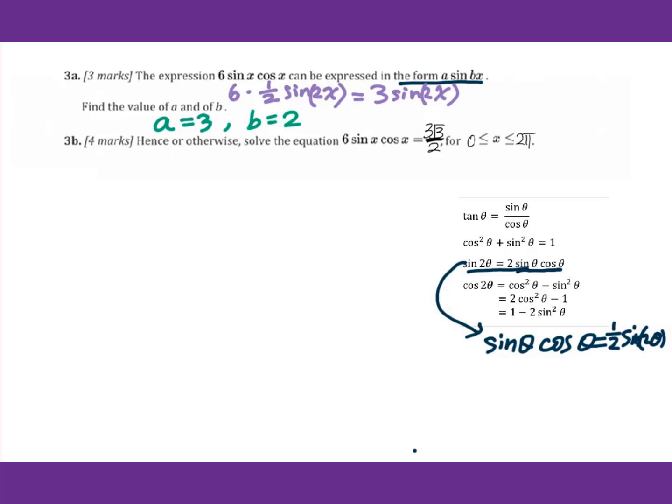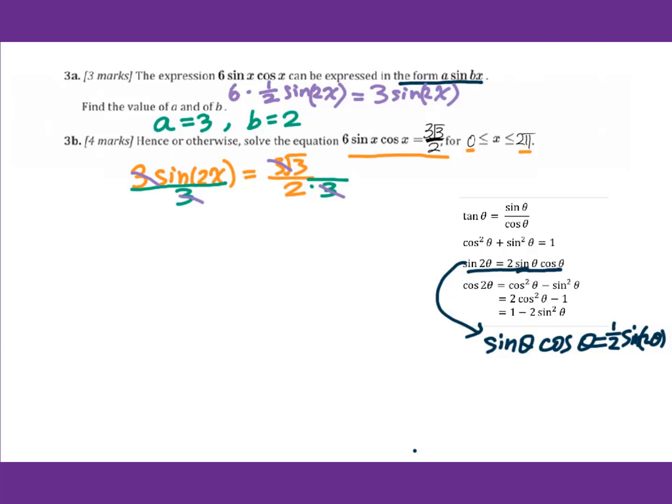Therefore, we need to solve this equation for x between 0 and 2 pi. You will get 3 sin 2x equals 3 square root of 3 over 2. Then divide by 3 on both sides. Reduce.